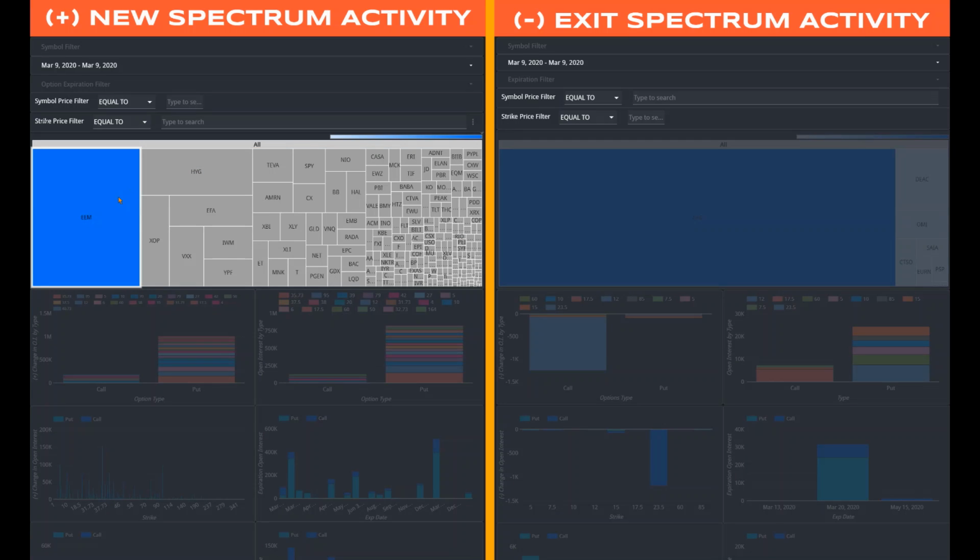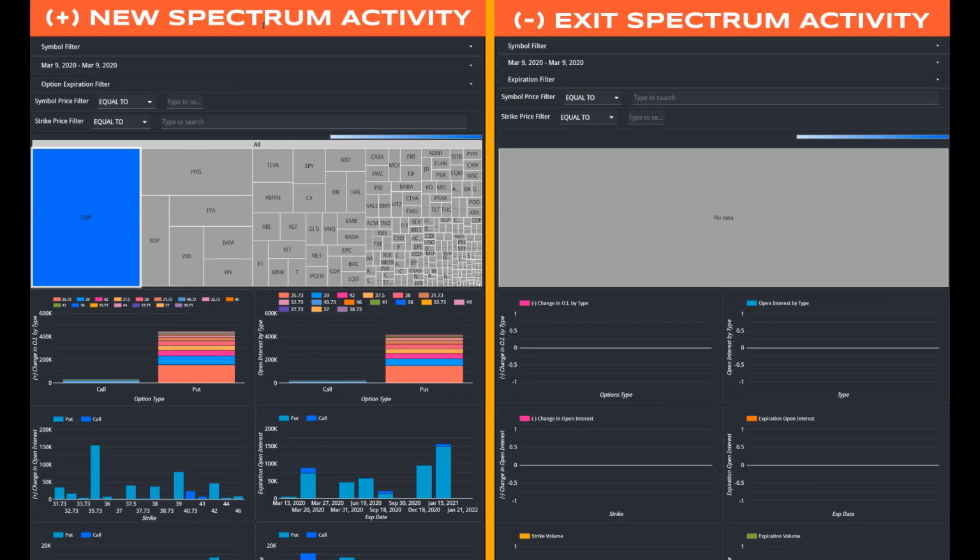But before I go deeper, first I want to say there's two areas here. One is the new spectrum activity, which is the new money coming in. So there are new orders of calls and puts, and on the right we have the exit spectrum activity, which is the money leaving the market.